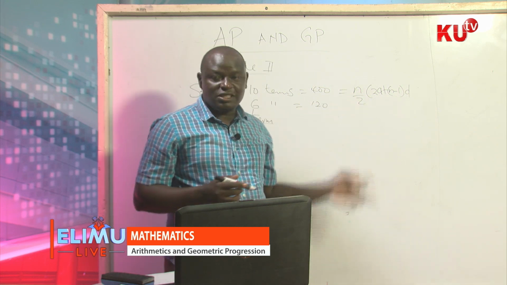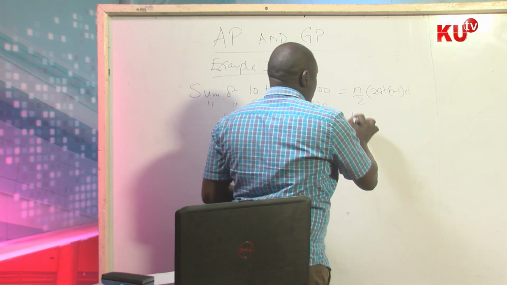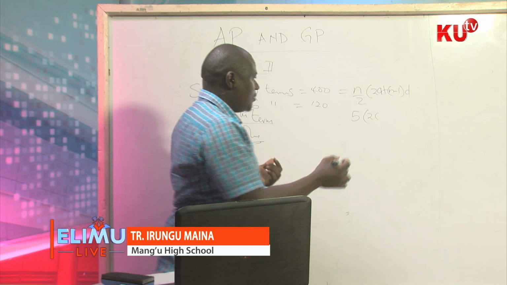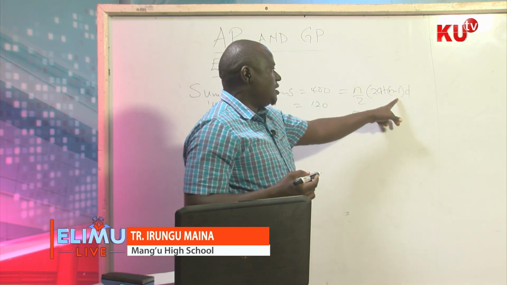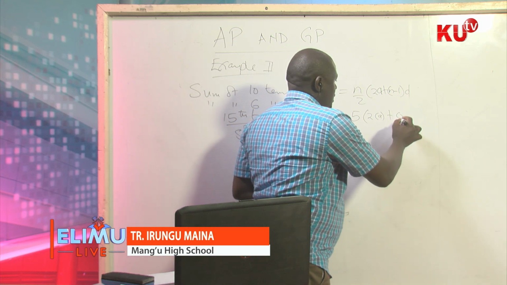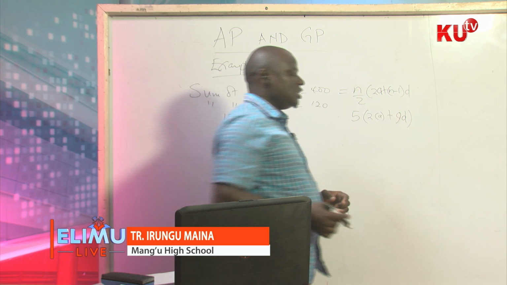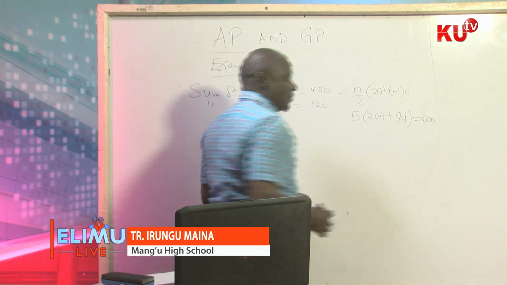If our n is 10, 10 over 2 is 5, into bracket 2 into A, we do not know what A is, plus 10 minus 1, that is 9, multiplied by D. We do not know what D is. This should give us 400.